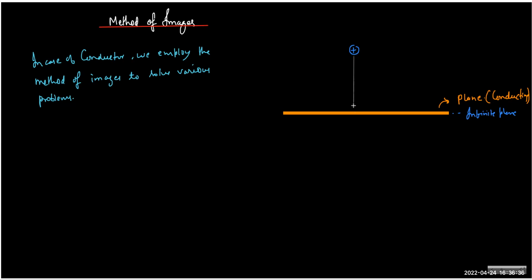Plus will come, minus will terminate, and we know that the electric field lines must be at right angle to the conductor, right? Also, because this is the nearest charge, the charge density will be highest here. But as you go away, the density will decrease. So the charge will become farther and farther and farther, something like that.